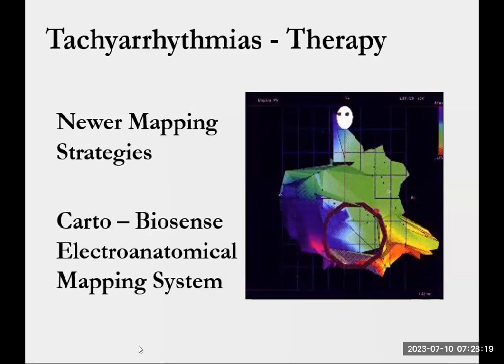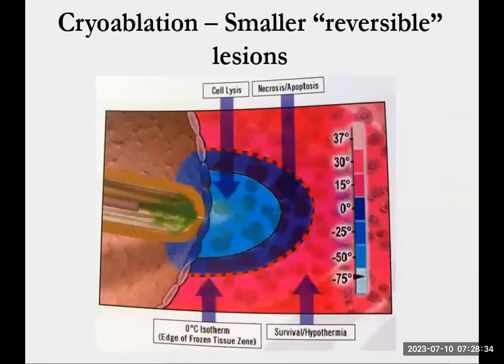And in our last study we published on this about 7 or 8 years ago, we showed that the radiation dose associated with the addition of CARTO to standard SVT ablations dropped the dose about 10-fold, actually.